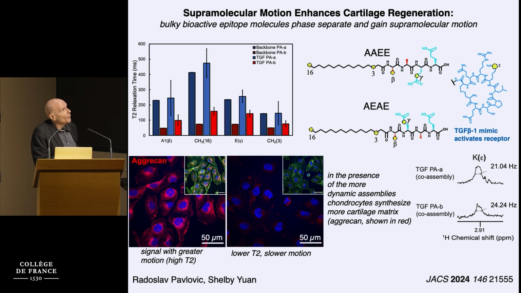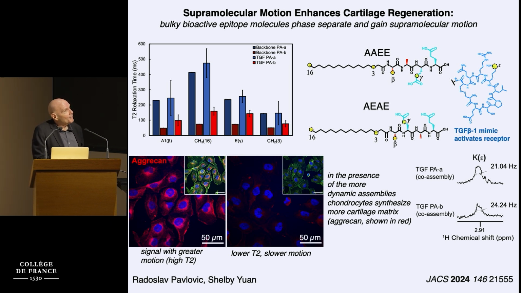Uniformly, based on T2 relaxation times, we mapped out that the ones that had the higher relaxation times, the more mobile molecules, give rise to more cartilage production.